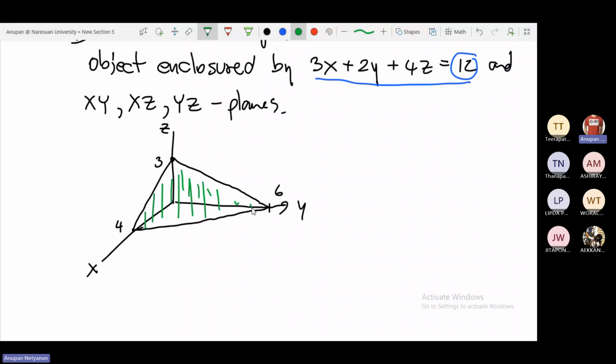Okay. Now, if we want to use the double integral, we try to apply the idea of double integral to find this volume, right? So this is going to be your region R, right?